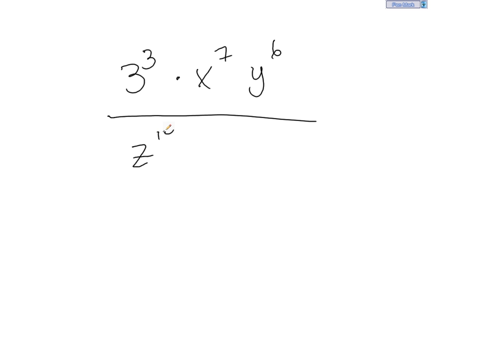Now, in some of maybe the algebra classes you took in the past, you've seen some nightmarish things that might have looked like this: 3 to the 3rd, x to the 7th, y to the 6th, z to the 14th times x to the 13th times y to the 5th.